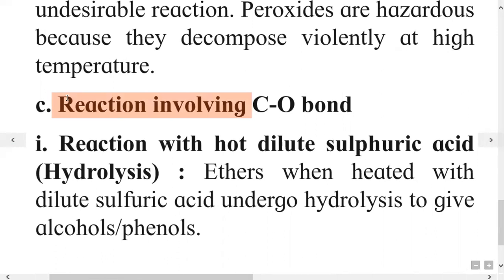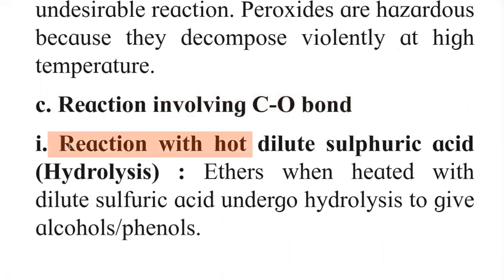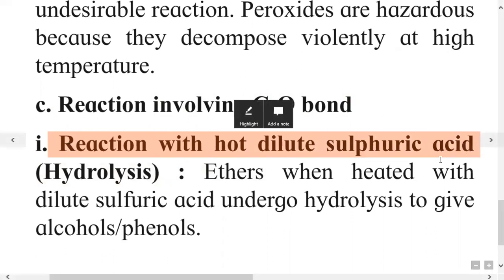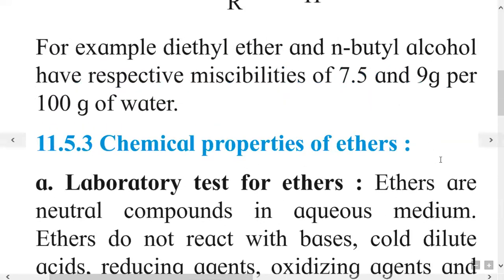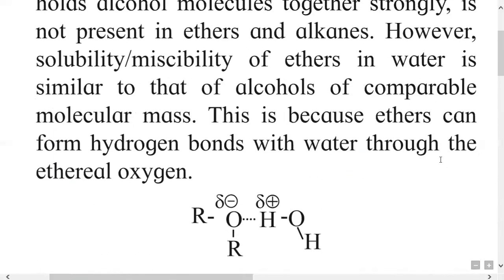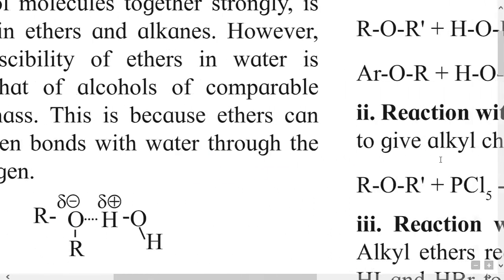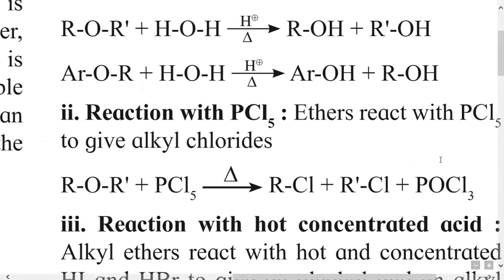Next type of reaction of ether is reactions involving breaking of the carbon-oxygen bond in ether. Under this, the first reaction is hydrolysis, that is, reaction with hot dilute sulfuric acid. When ether is heated with hot and dilute sulfuric acid, it undergoes hydrolysis.